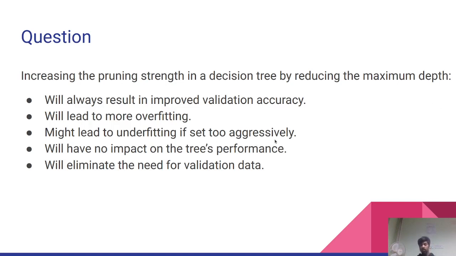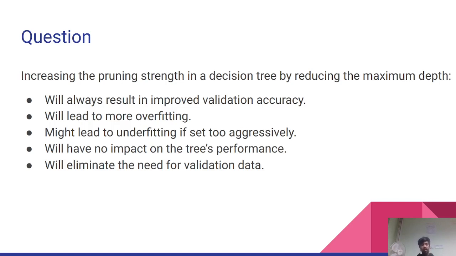So this is actually correct, because maybe the original tree was fitting at an appropriate level, but when you make it smaller, it becomes less complex, and because of that it might not be able to capture the properties of the data. That is what we call underfitting. In underfitting, both training accuracy as well as testing or validation accuracy are very poor.